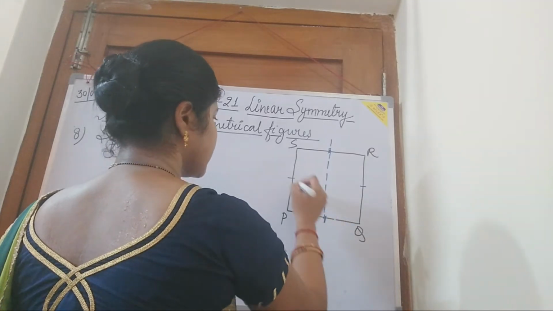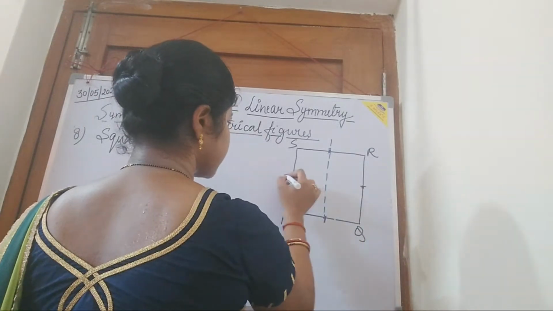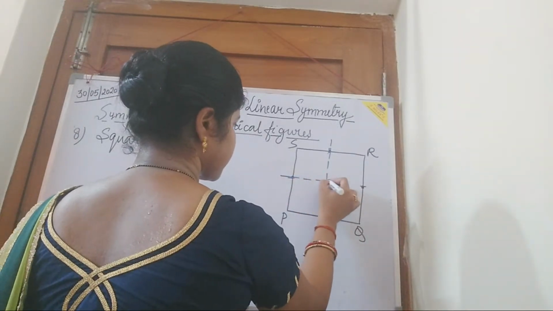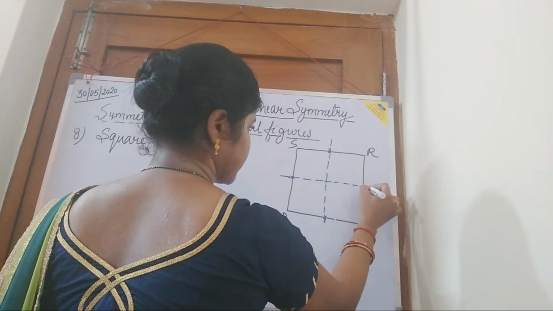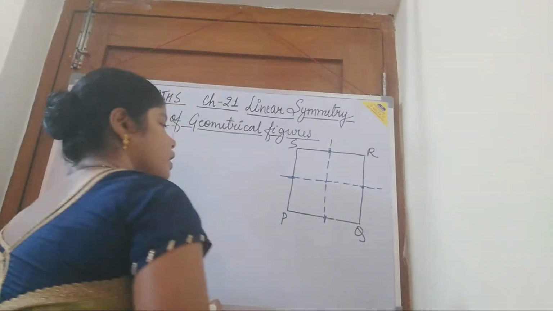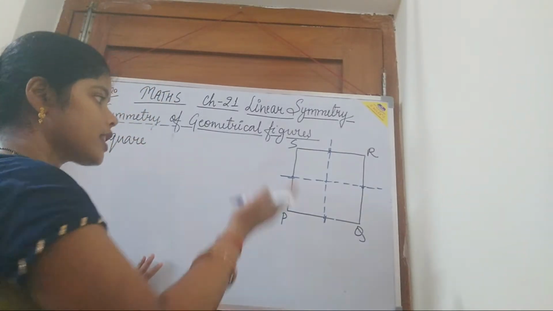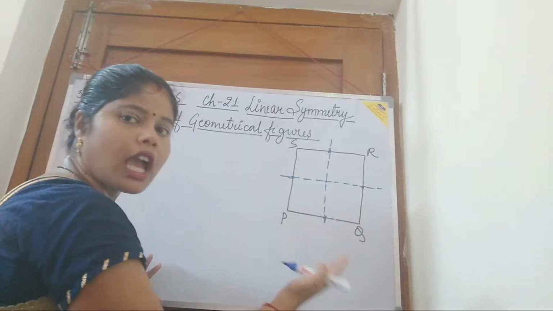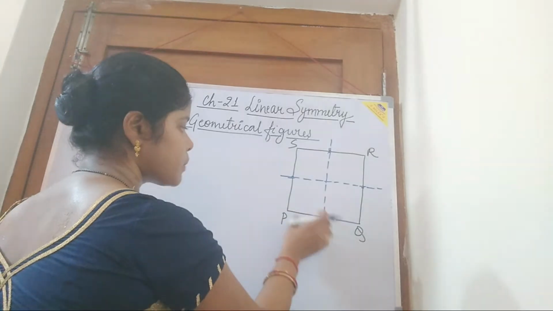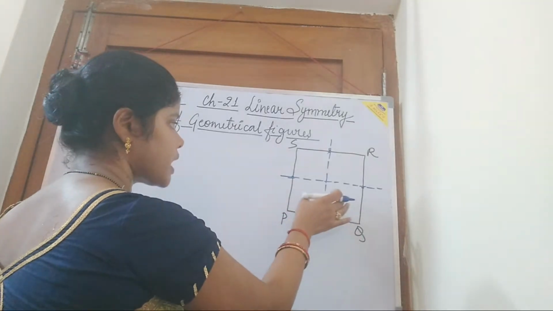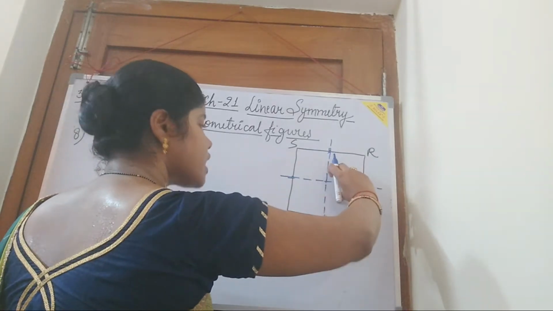So draw one vertical line, and another from the midpoints of the other two sides. When we fold along these lines of symmetry, we have two identical parts, along the vertical line of symmetry and also along the horizontal line of symmetry.